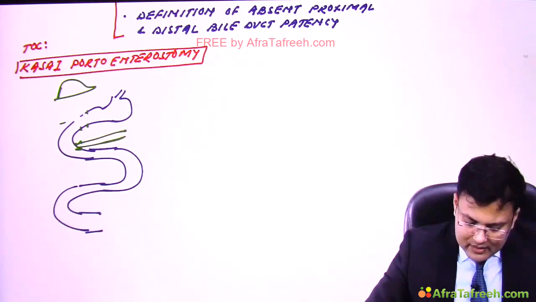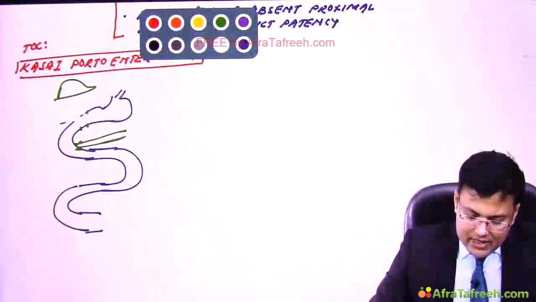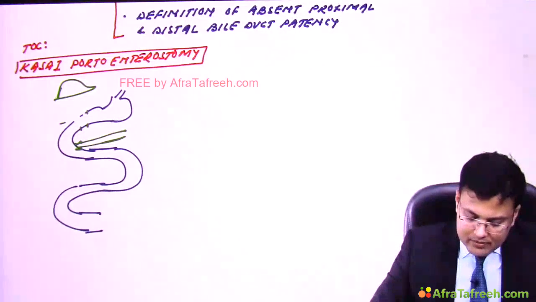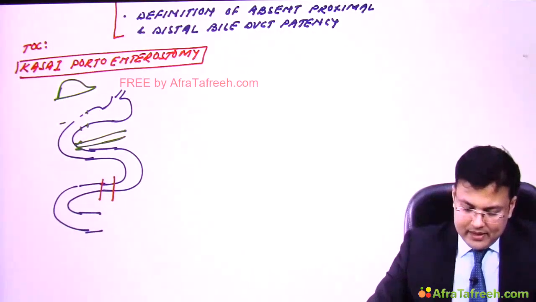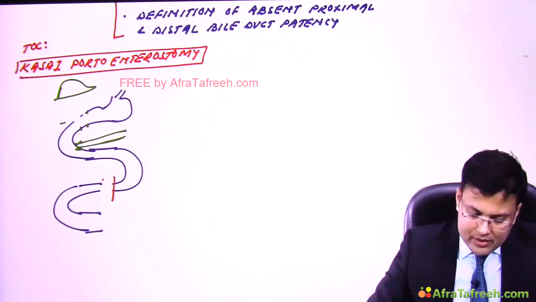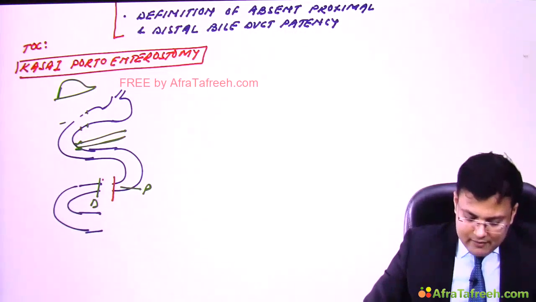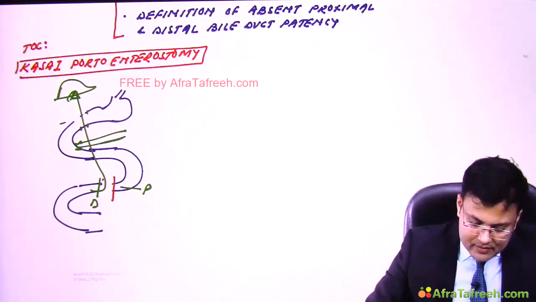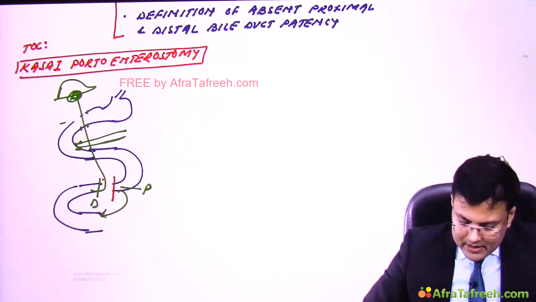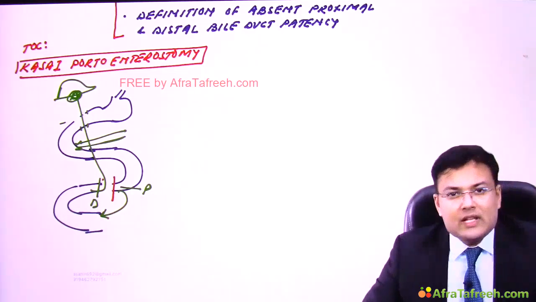Okay, clear? And we are going to divide the jejunum. After dividing the jejunum, you can see this is the proximal part, this is the distal part. We are taking this distal part here, and the proximal part is anastomosed to the side of the jejunum.